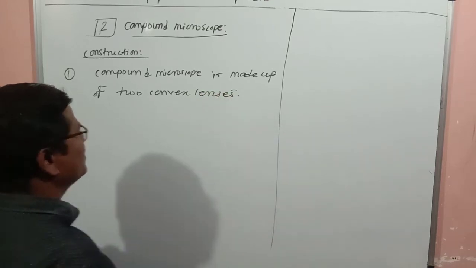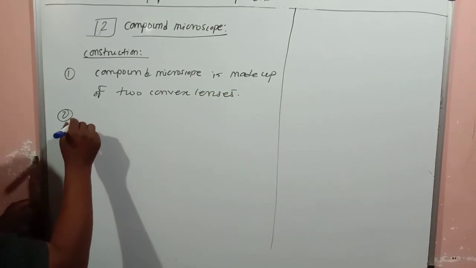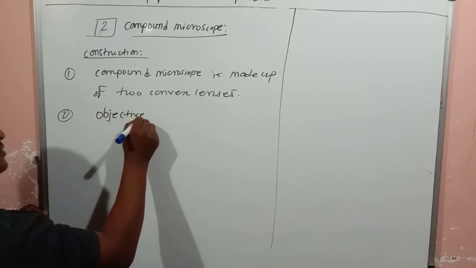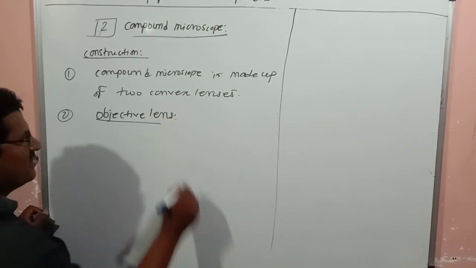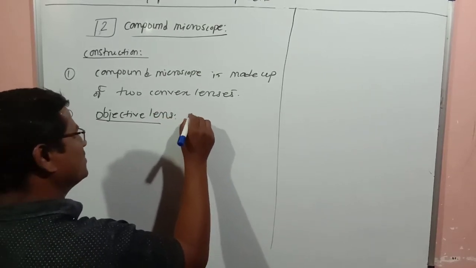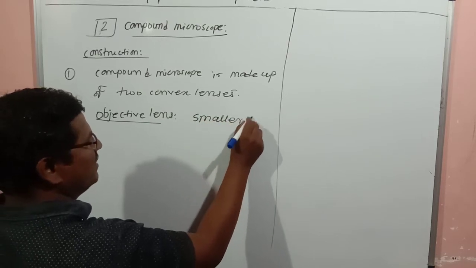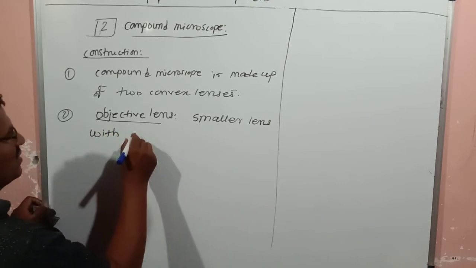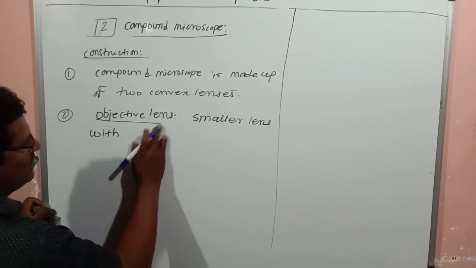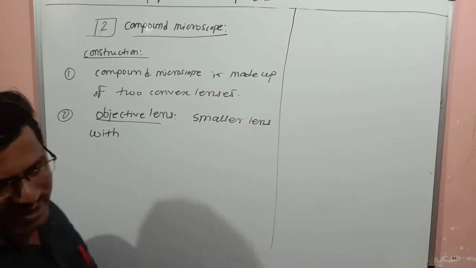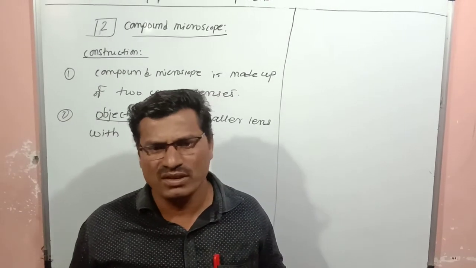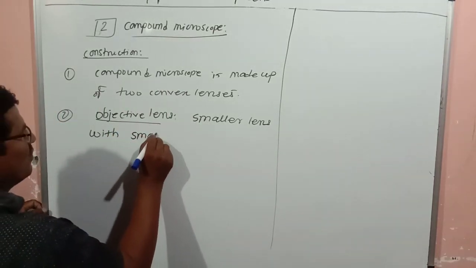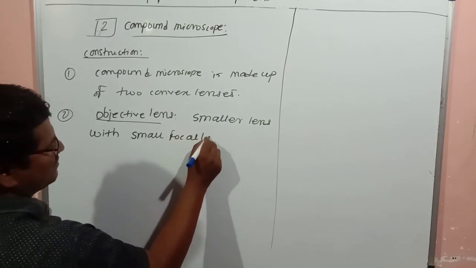Second point, the objective lens, which is a smaller lens with a small focal length.